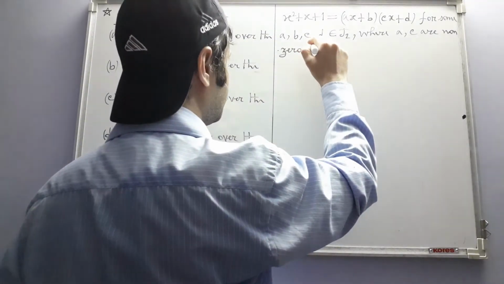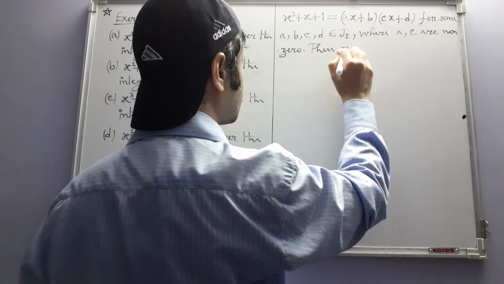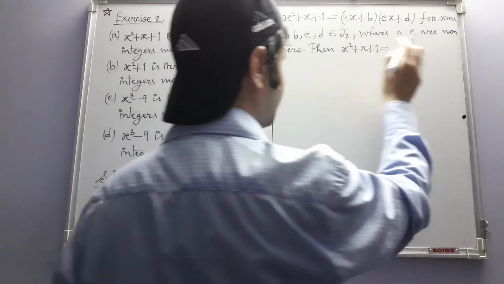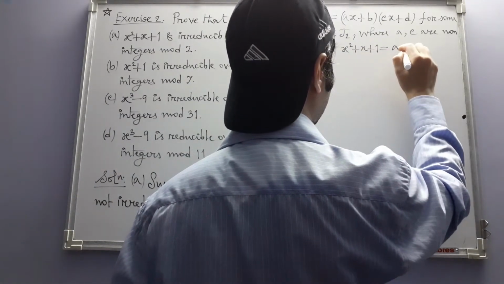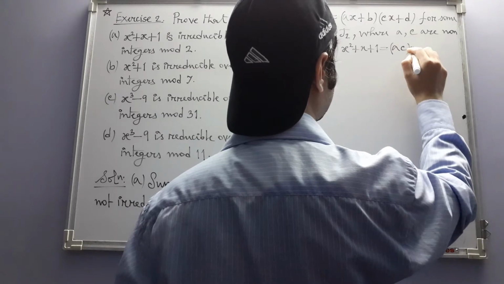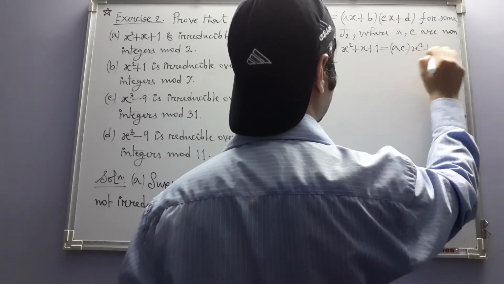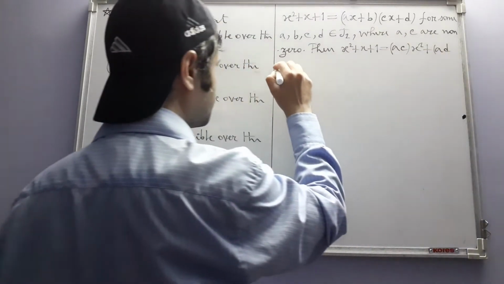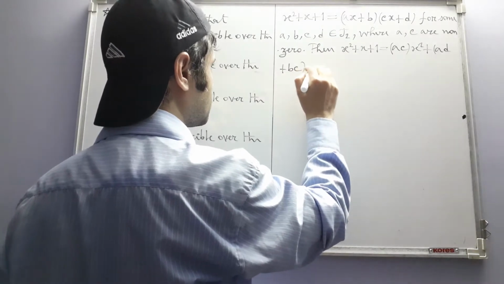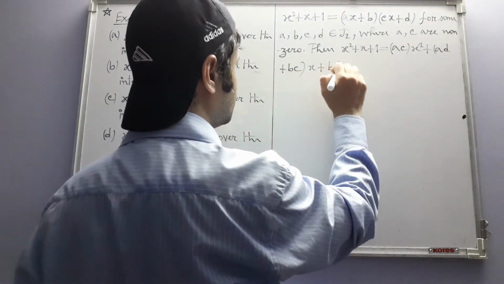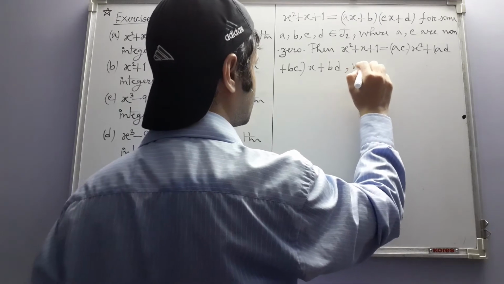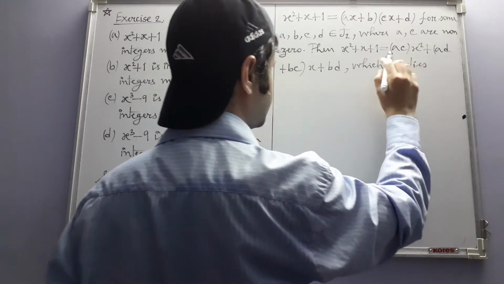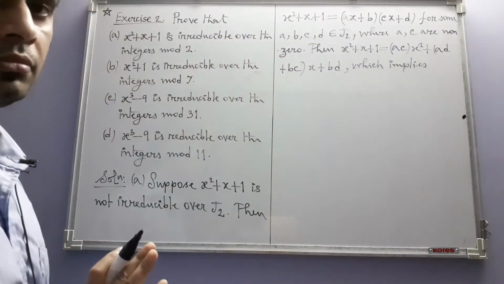Okay, then x square plus x plus 1 is equal to, when we multiply the terms out on the right hand side and collect like terms, ac x square plus (ad plus bc) x plus bd, which implies all the coefficients are 1.